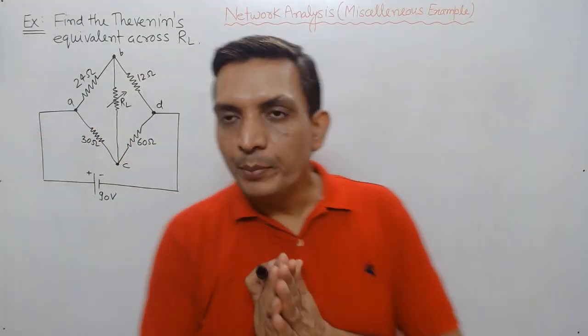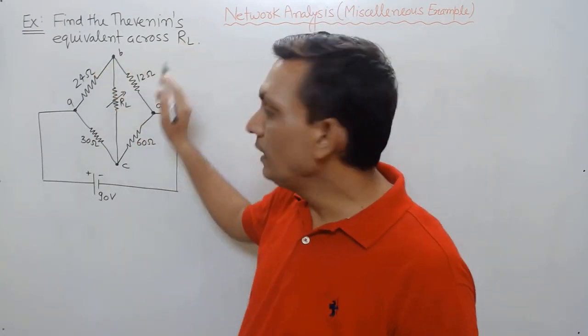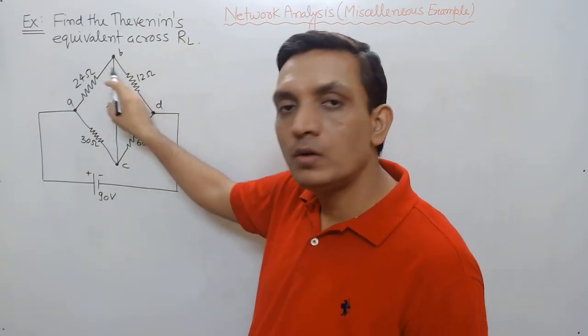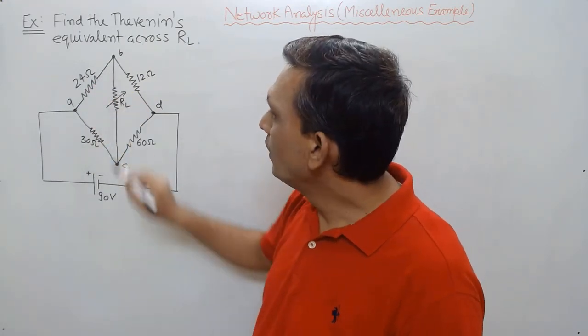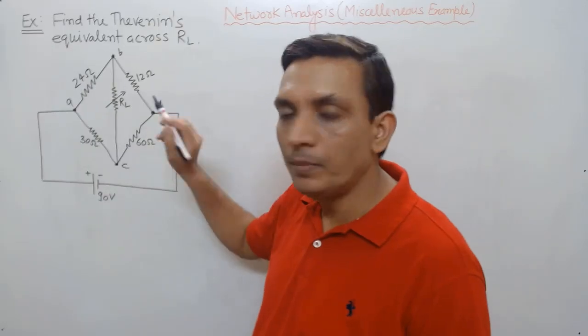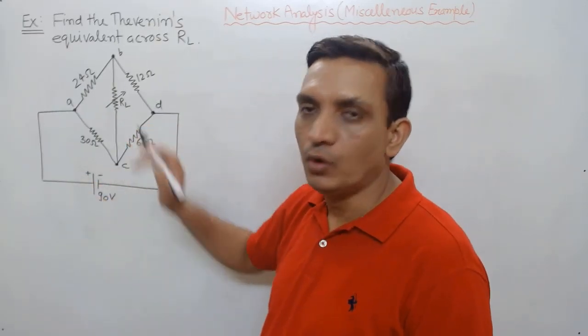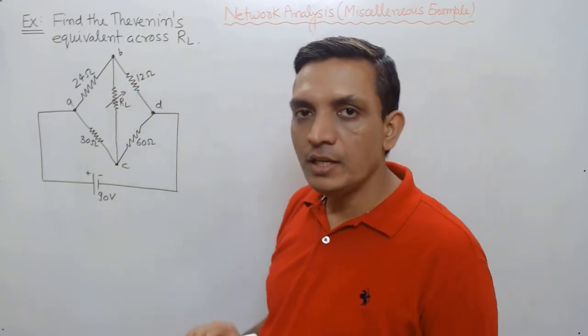So in this example, we have to find Thevenin's equivalent across load resistance RL. So we have resistances that are given in this form and the voltage source is 90 volt. So you know Thevenin's equivalent.